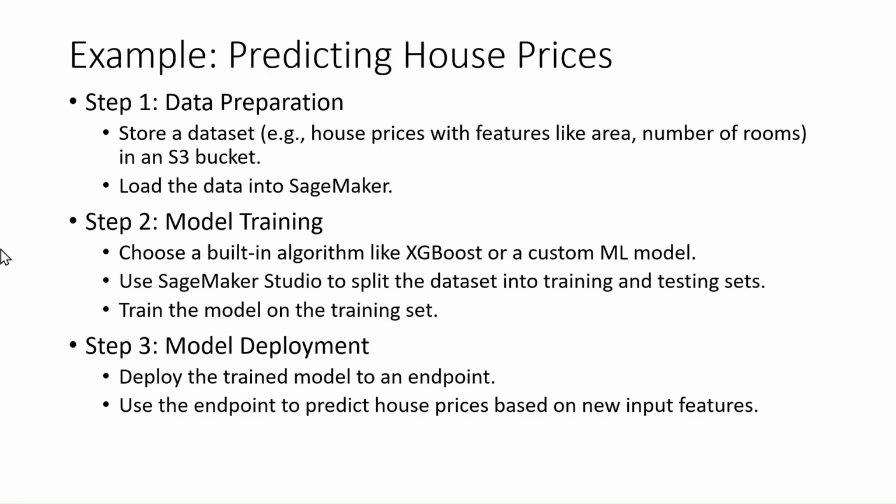This is how those models predict. Even for second-hand or used vehicle valuation, this is how the predictions are done. Use the endpoint to predict the house price based on the new input features.